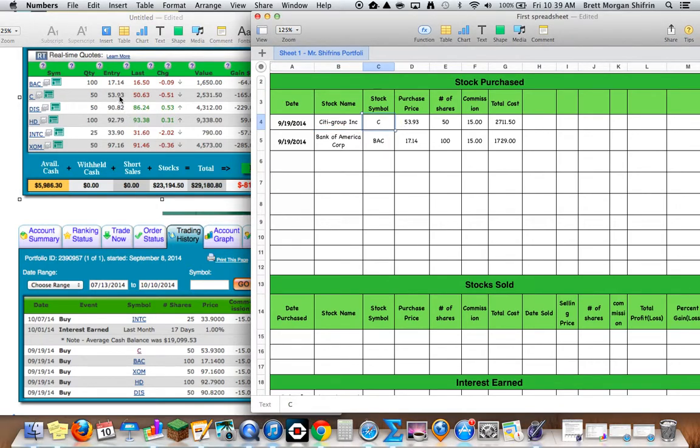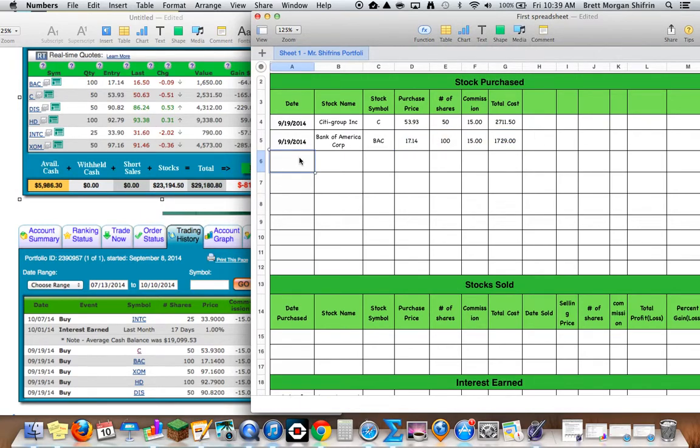I bought it for $53.93, bought 50 shares, and we all pay a $15 commission. The total cost would be the purchase price times the number of shares plus the commission. So I put that formula in there, and I have it here as well for Bank of America.